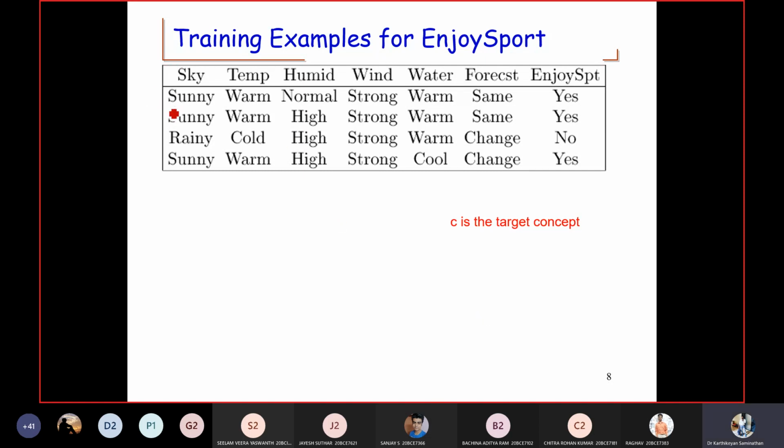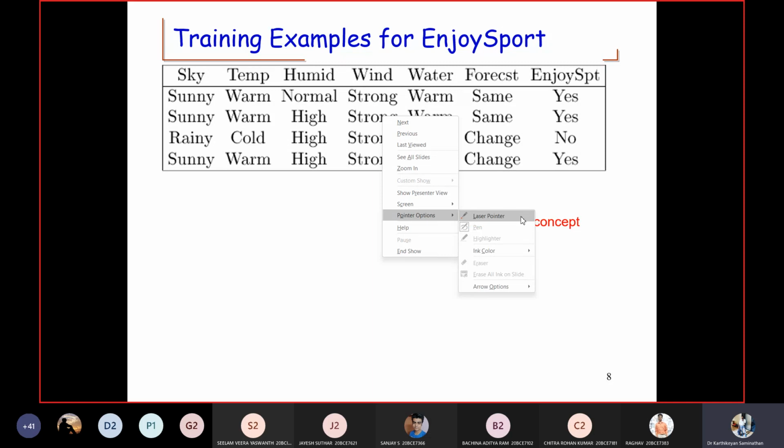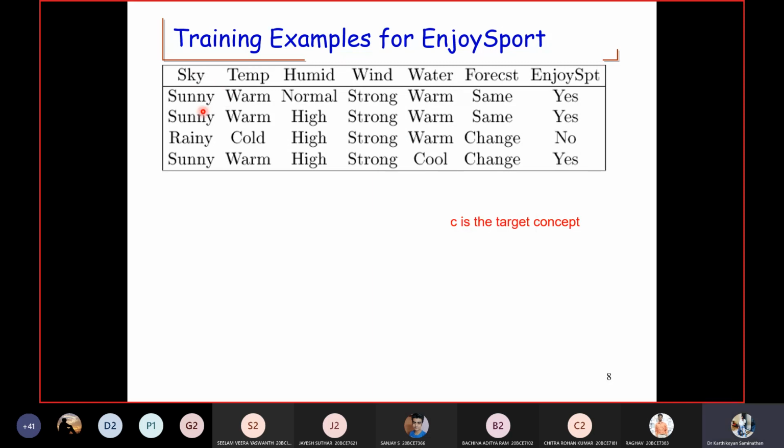This instance 1 is sunny, warm, normal, strong, warm and same. There are totally 6 attributes: sky, temperature, humidity, wind, water, forecast. Enjoy sport is your concept, whether the celebrity is likely to enjoy sports or not.